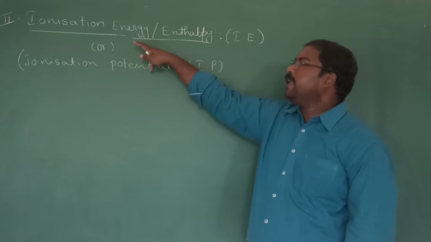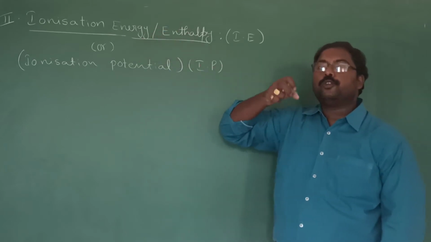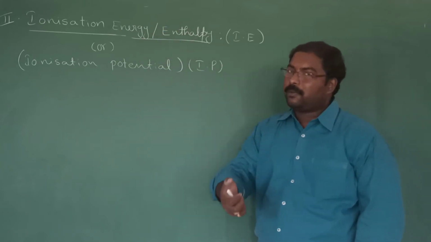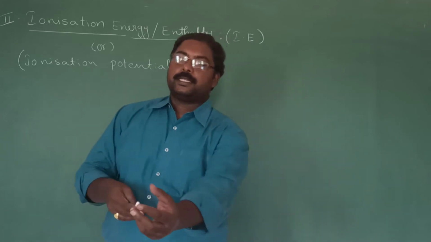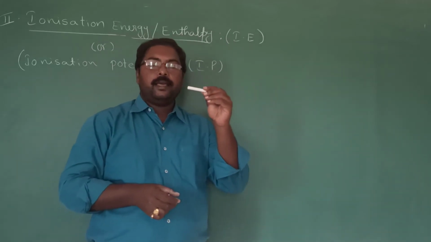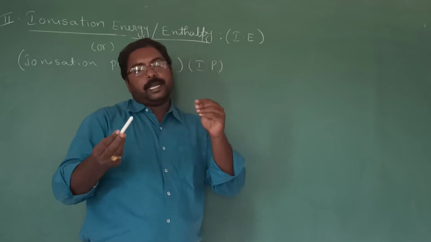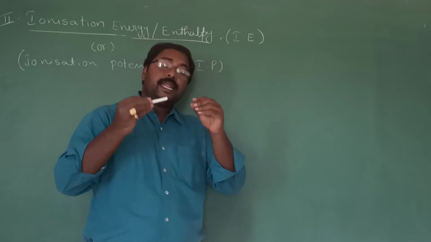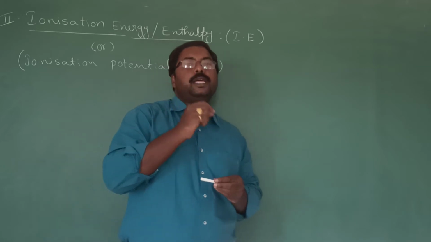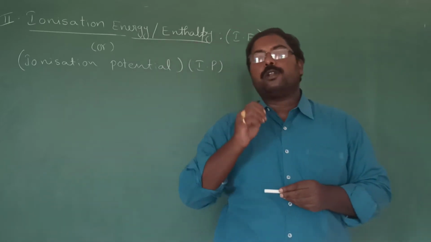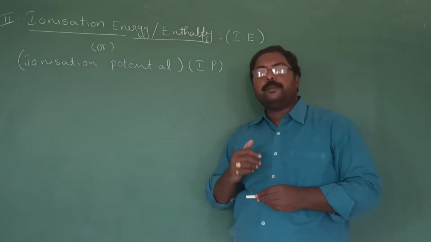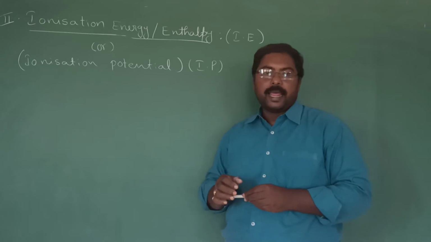Energy: generally, to remove anything, definitely it requires some energy, right? For example, I am holding the chalk in this hand. To take the chalk from this hand, definitely it requires energy. So the energy required to remove the electron from the outermost orbit of an atom is known as ionization energy.